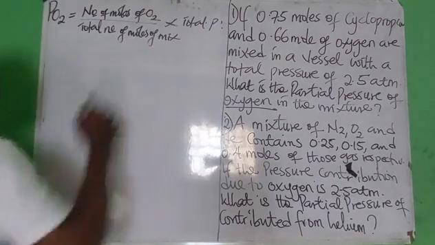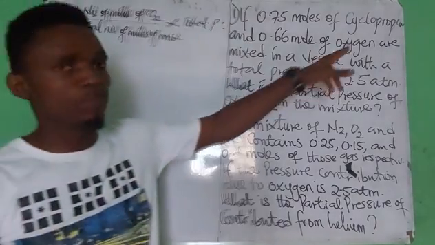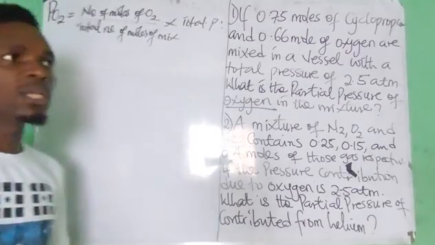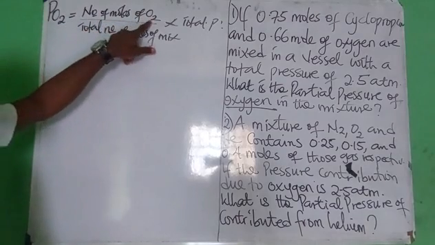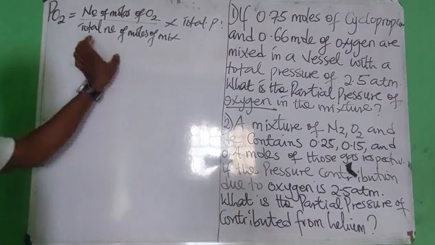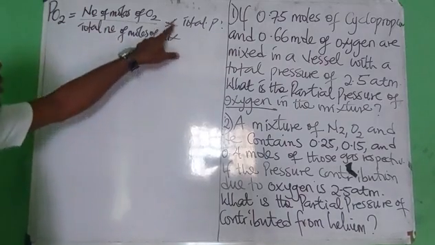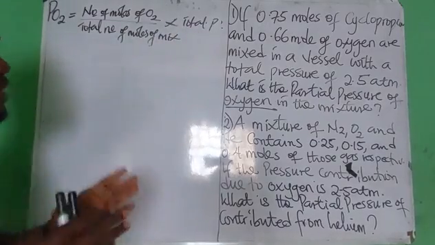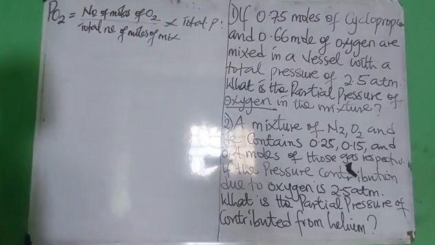That is our formula, okay? If they had asked us to look for cyclopropane, the opposite would have been the case: pressure of cyclopropane equals number of moles of cyclopropane over the total number of moles of mixture, times total pressure. But they said oxygen, so this is what we are to use.